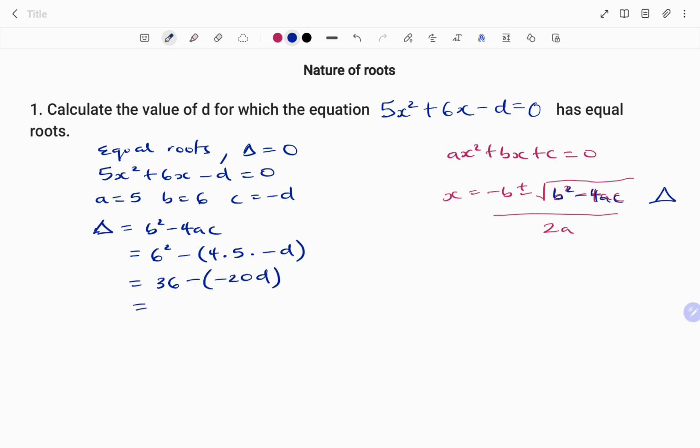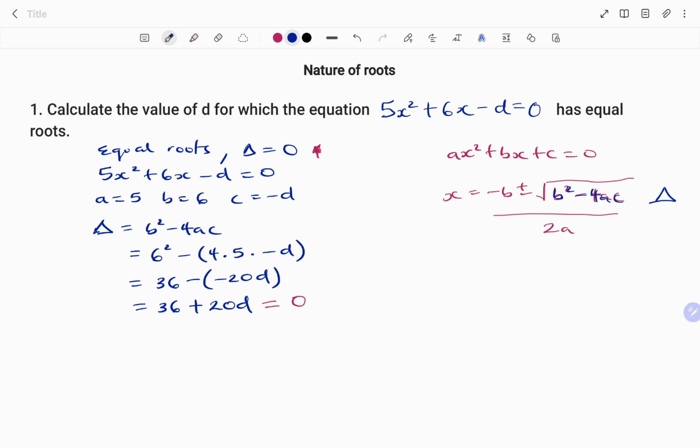If we open up the bracket, we're going to have 36 plus 20d. And for us to have equal roots, the value of our discriminant must be 0. So we are going to equate this to 0.